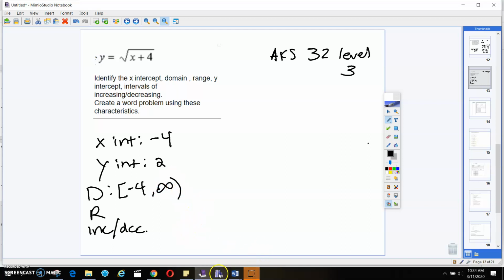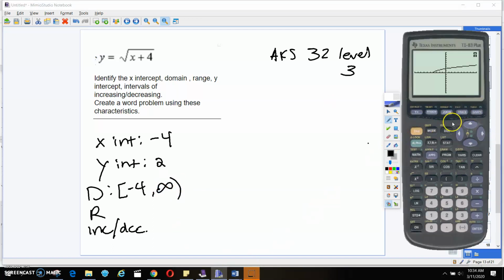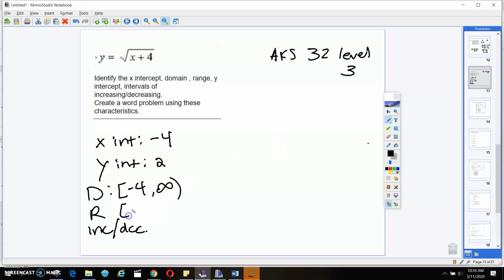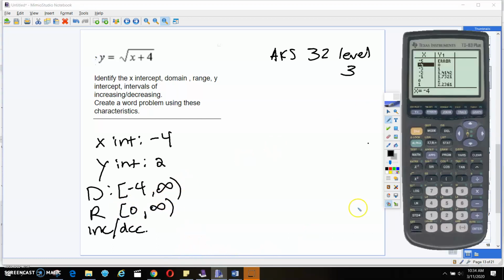Our range, we're going to look at our lowest y value, which we can do from the table or from the graph. Our lowest y value is 0, and then it continues up, so that's going to be positive infinity. One thing that I think y'all struggle with is increasing and decreasing values. First you have to decide, is it increasing or decreasing?